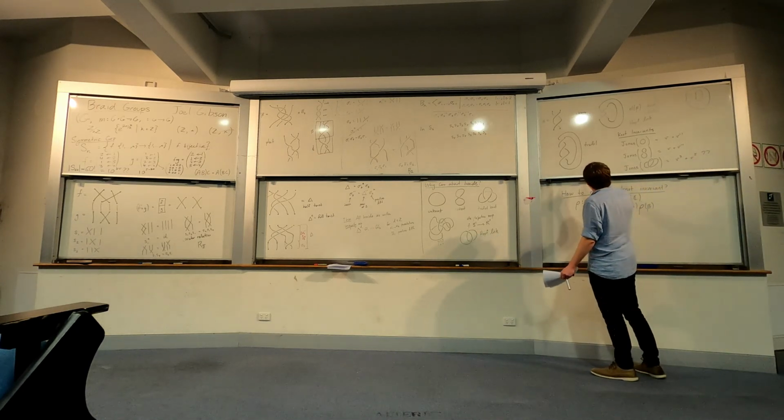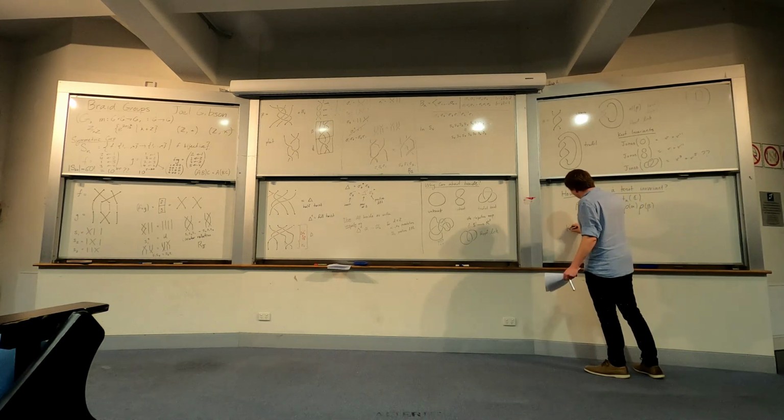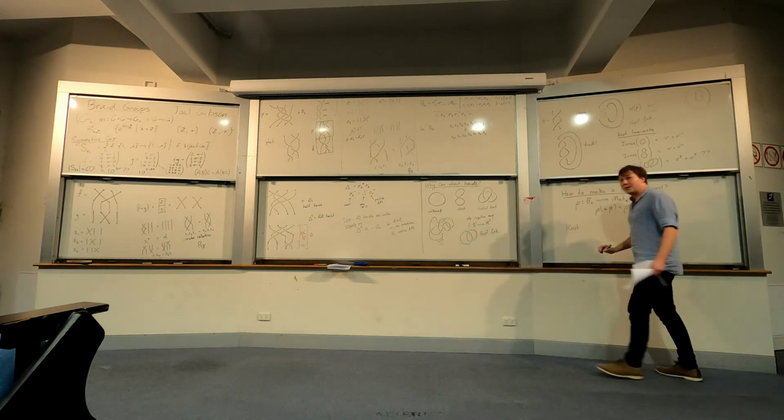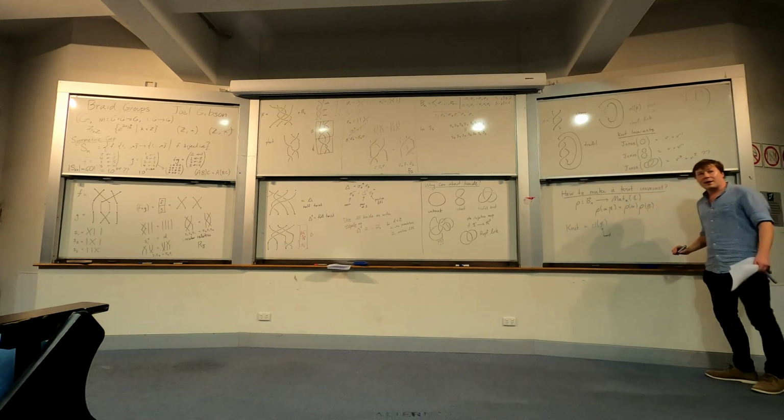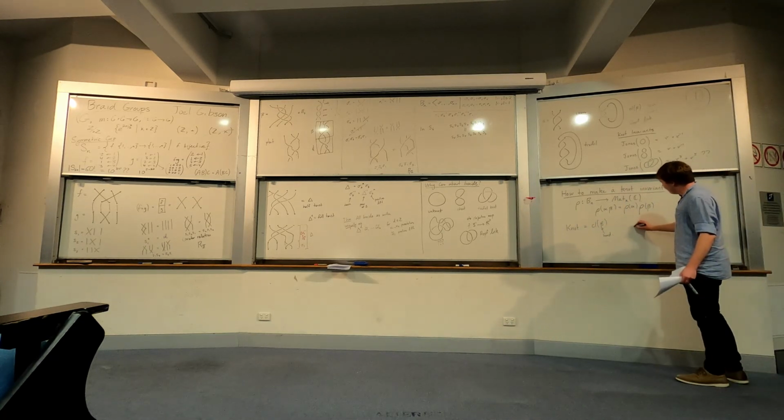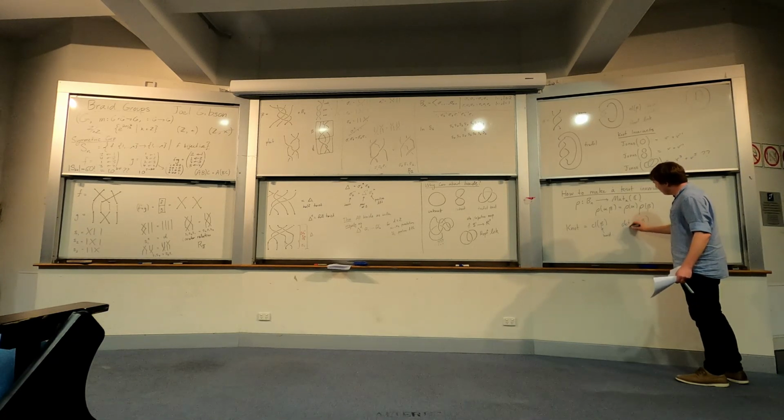So what you do then is you start with your knot, you represent it as the closure of some braid, and then you put your braid through this machine and take the determinant or the trace or something of this matrix.